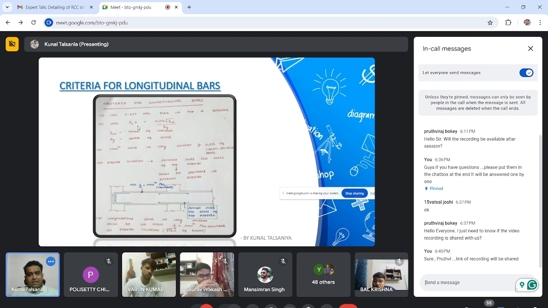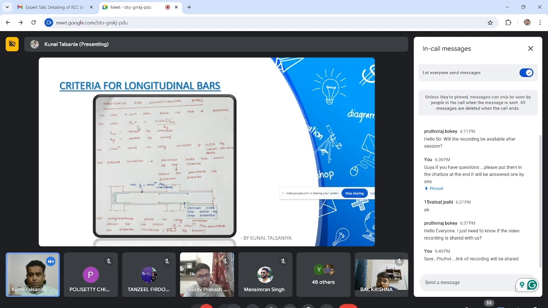This is the yield stress of steel. For secondary beams, you do not require any ductility requirement, so you can provide 0.85/fy following the IS 456 rule, but for all main frame beams you have to follow this ductility criteria.